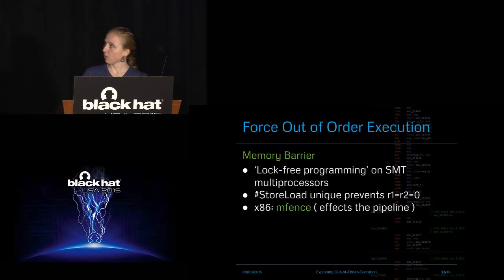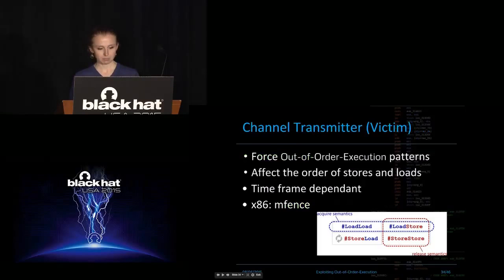All right, so we're forcing out-of-order execution patterns to decrease on simultaneous multi-threaded systems by preventing the out-of-order execution case, using the store load memory barrier, the mfence instruction. And this is, again, just going over what we're doing to transmit. We're forcing these patterns, and these patterns are what will give us meaning from the system.